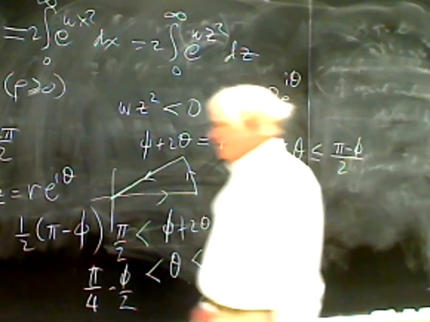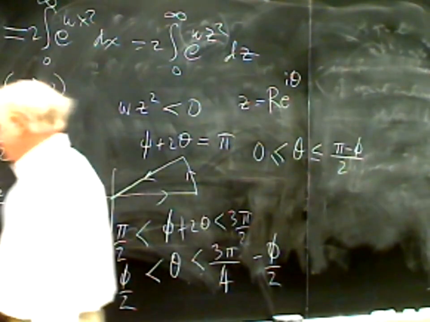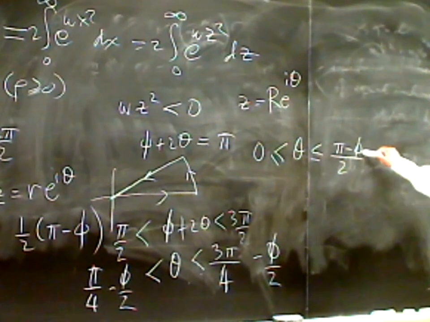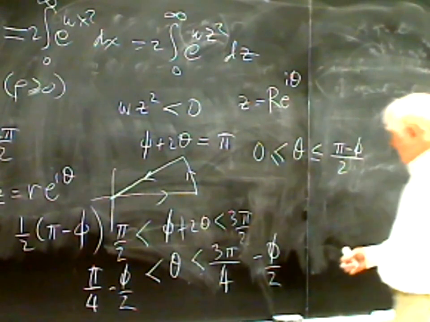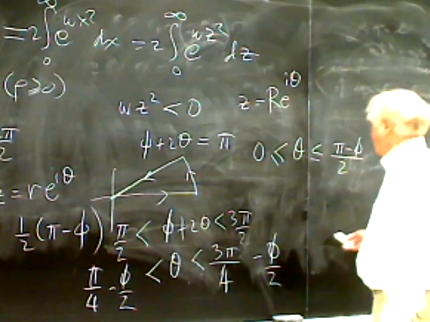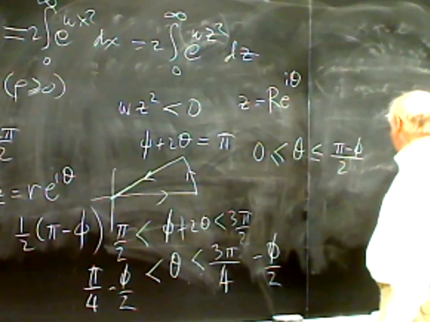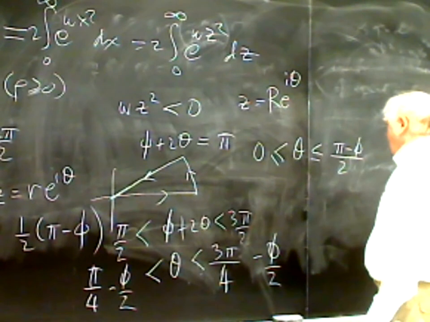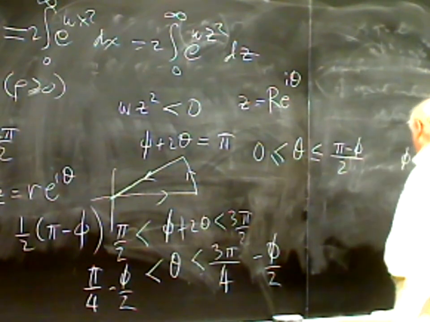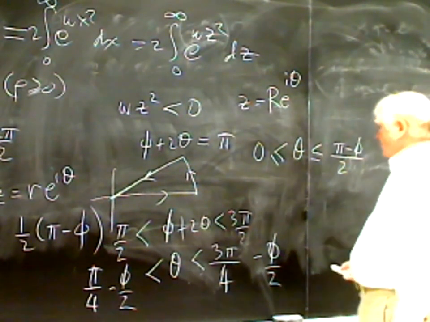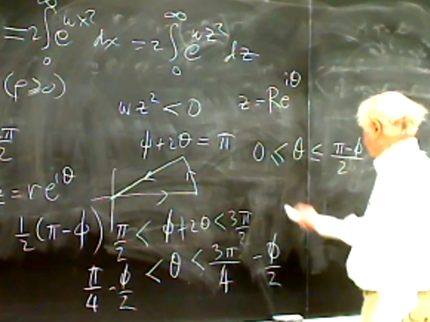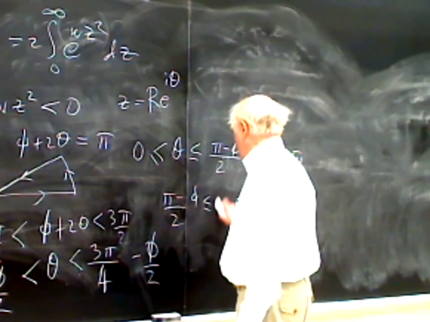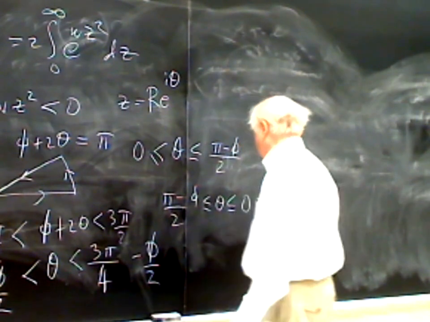If phi is bigger than pi, then this is in fact negative. So this is for the case phi less than pi. For the case phi greater than pi, what we want is pi minus phi over 2 less than or equal to theta less than or equal to 0.